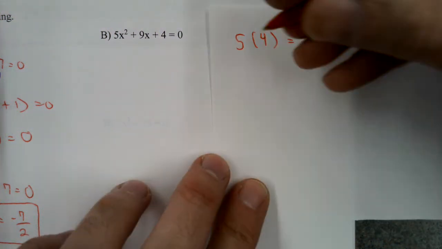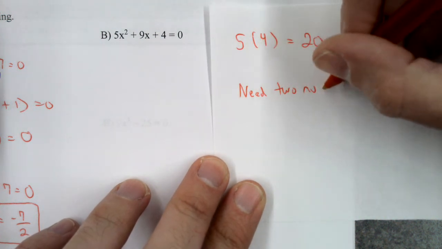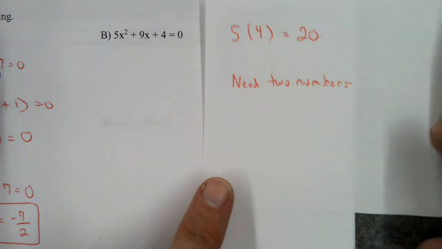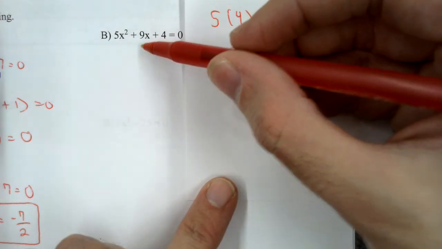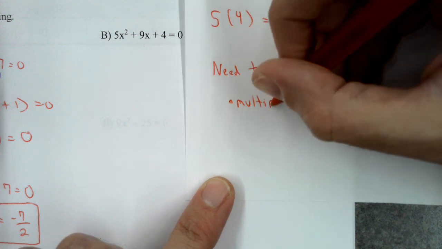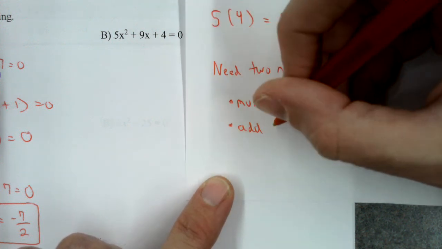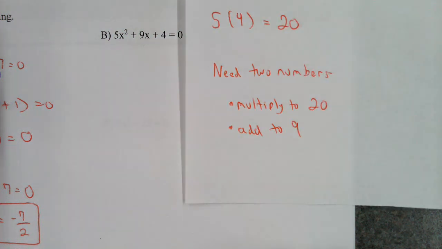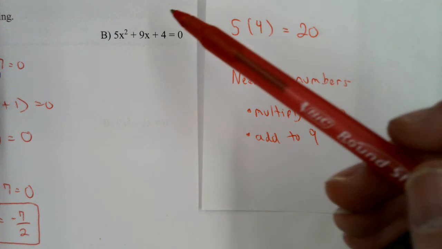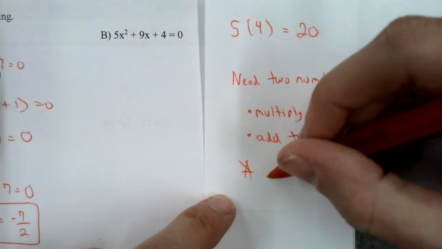So you need two numbers. They have to multiply to that 20 right there, and they have to add to that 9 in the middle. Think about the pair.